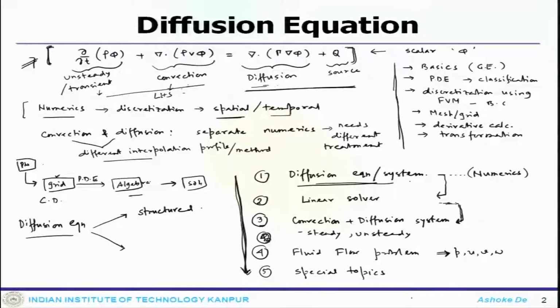Structured framework means we want to remain on the structured ordered mesh or Cartesian mesh. So, this is basically your Cartesian mesh, and then the second step would be to look at the discretization on an unstructured mesh. That means it would be some sort of a polyhedral system.